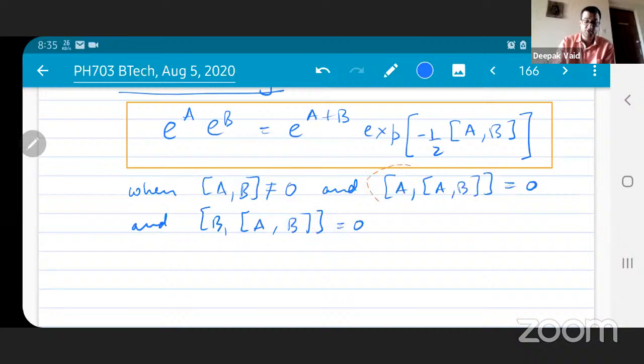If this condition is not true, then you will not get this simple expression. The expression will become much more complicated. The proof of this is similar to the proof of the displacement operator that I had shown yesterday, but I'm not going to go into the details. I will share the reference I'm using. If you are interested, you can work through that.